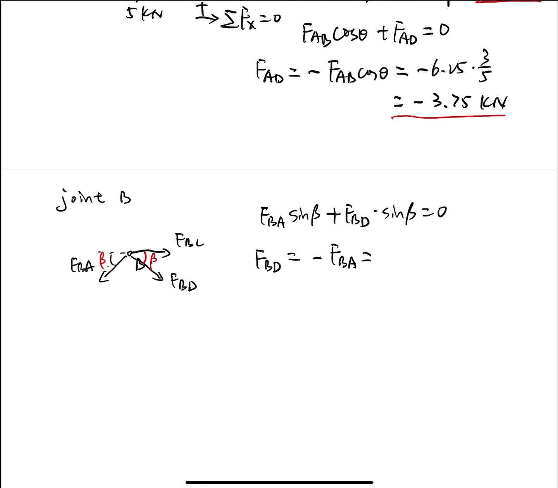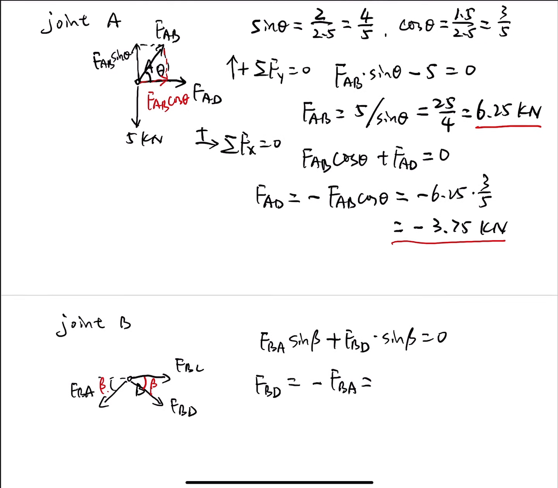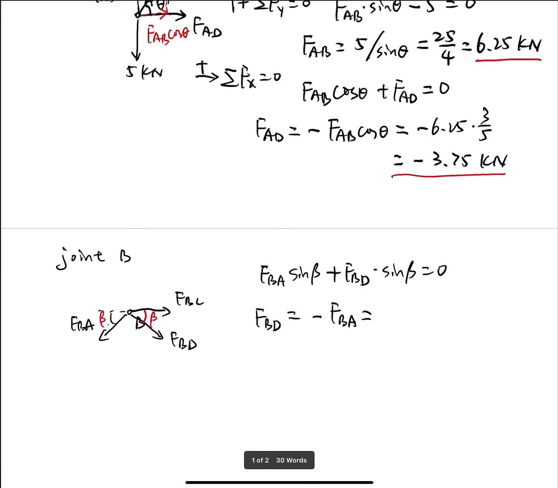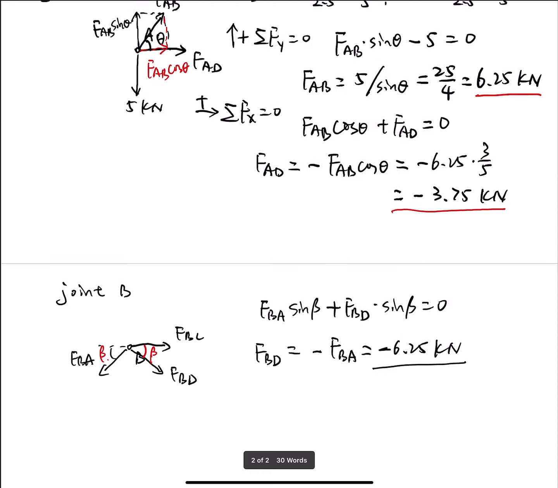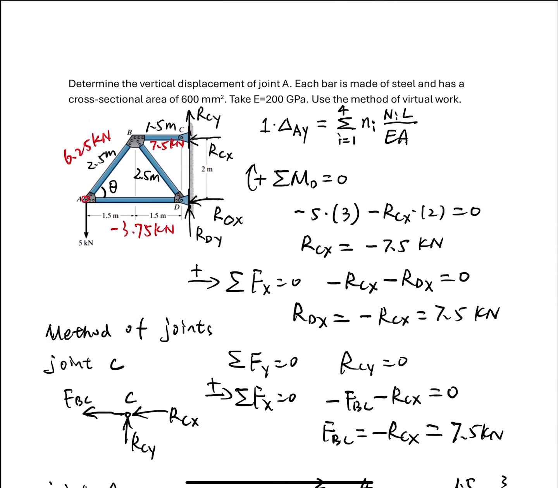FBA we showed here is 6.25 kilonewton, so FBD is negative 6.25 kilonewton. FBD is a negative value, so we put the value here, negative 6.25 kilonewton. So these are the 4 member forces.